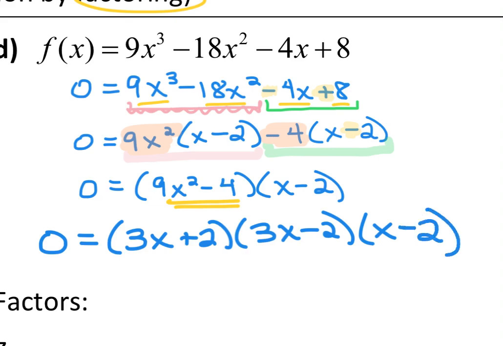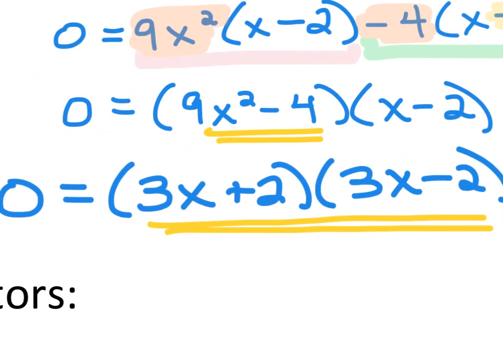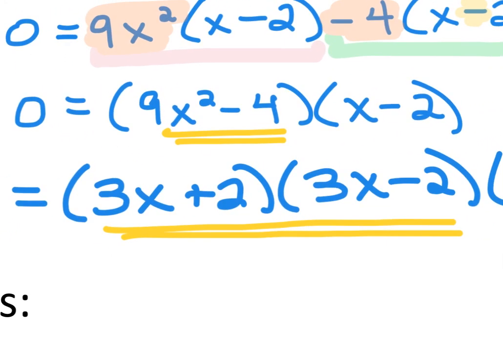And in case you missed that, the reason that I can factor 9x squared minus 4 is because 9 and x squared and 4 are all perfect squares and they're being subtracted. So the square root of 9 is 3, the square root of x squared is x, and the square root of 4 is 2. And then in my answer, I just have one of them is plus and one of them is minus.